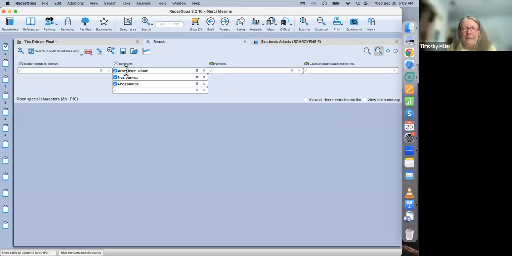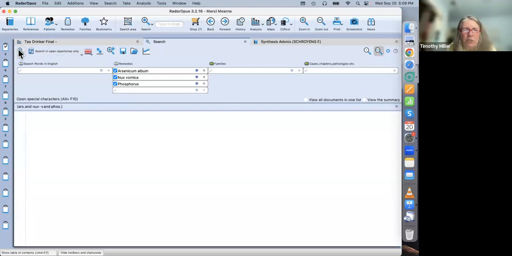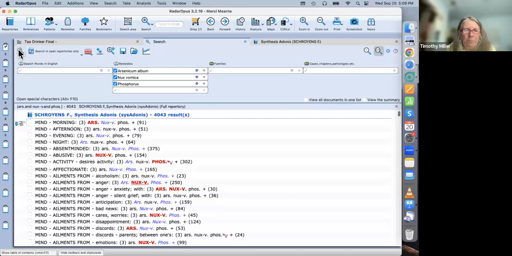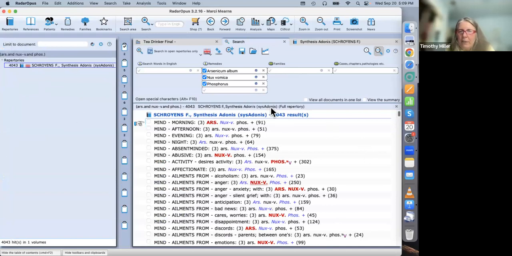Now, if I remember up here, we said search in open repertories only. Well, the only repertory I have open is synthesis. So for now, we're just going to do that. And if I hit this button to start the search, or this magnifying glass, I'll walk you through it slowly for the first time. What we've got in this window now are the results of a search.